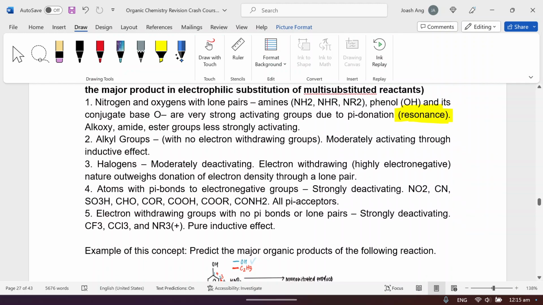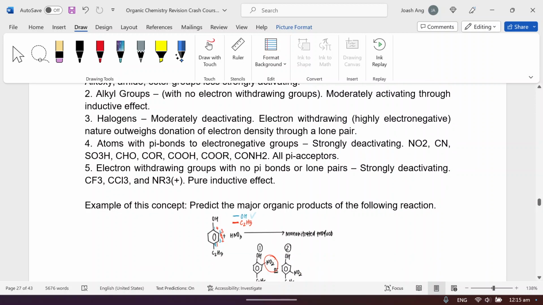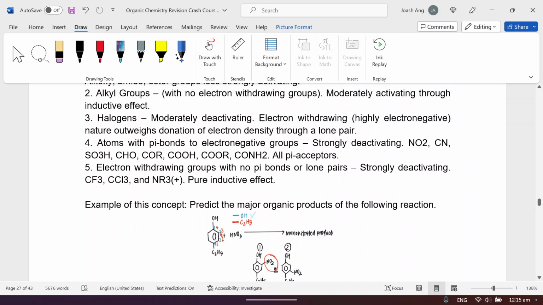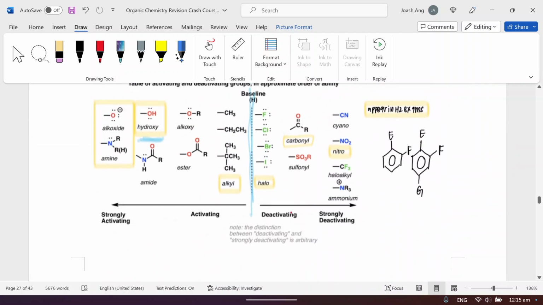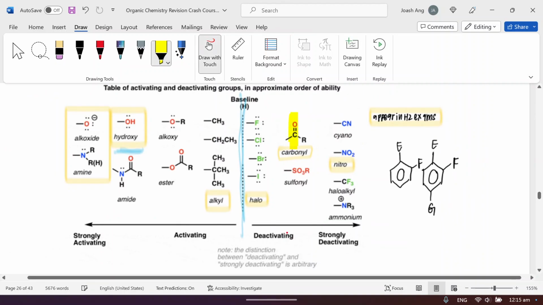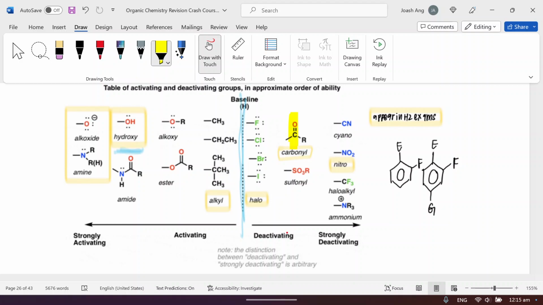Alkyl groups, I said already, are activating via inductive effect. Halogens, I also talked about. Atoms with pi bonds to the electronegative groups: as you can see over here, if I have a C double bond O or S double bond O, C triple bond N, N double bond O, all this would be very electronegative and cause the electron density on the benzene ring to decrease via resonance effect.